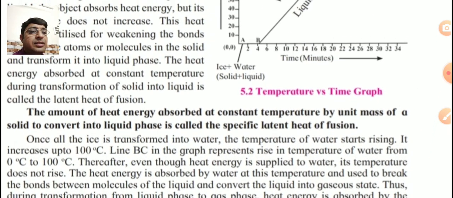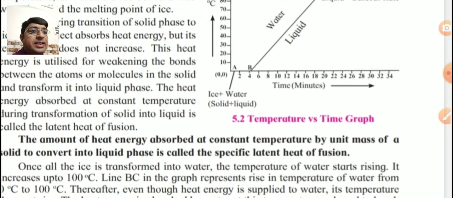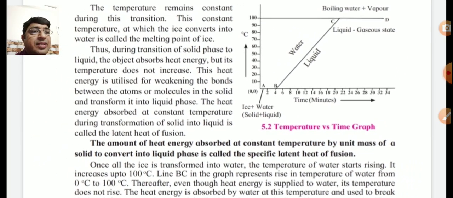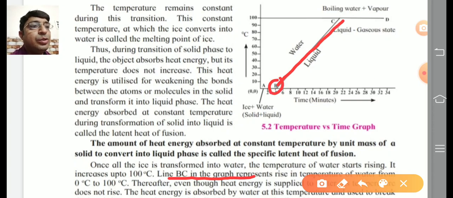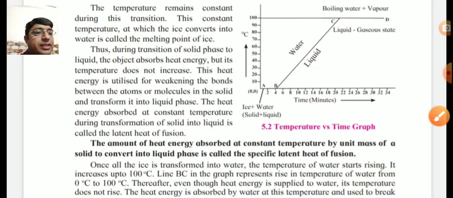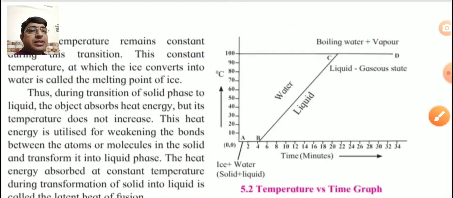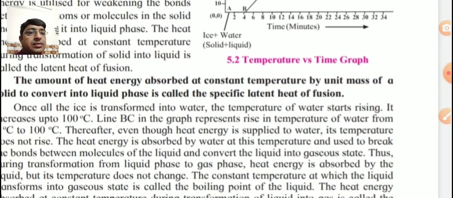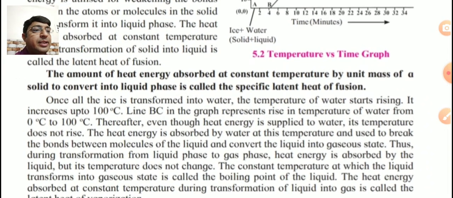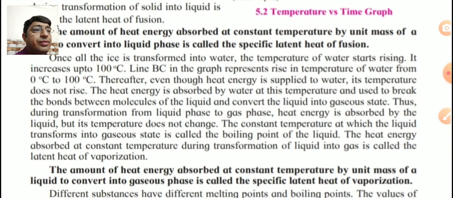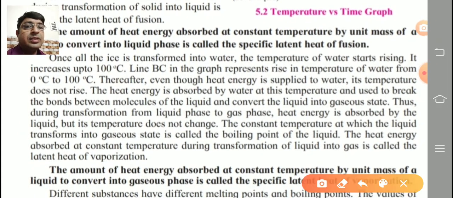In the graph, line BC represents the rise in temperature of water from point B up to point C. Check carefully: line BC in the graph represents the rise in temperature of water from 0 degrees Celsius to 100 degrees Celsius.